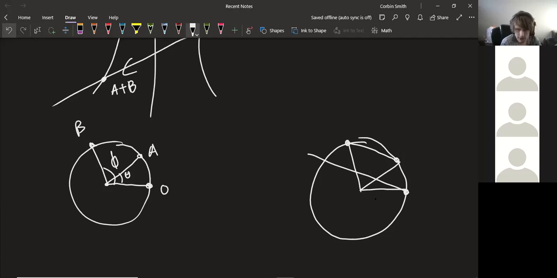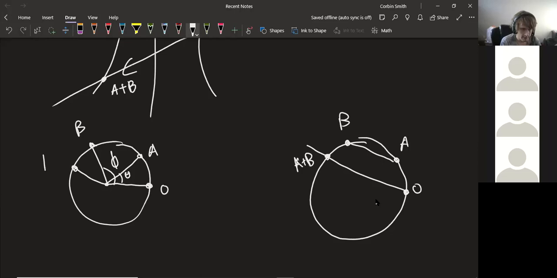Theta and phi has no place in this group. Here, A, O, B. This is A plus B. This is right here, A plus B. This is the same group.